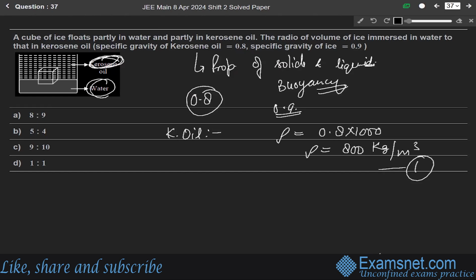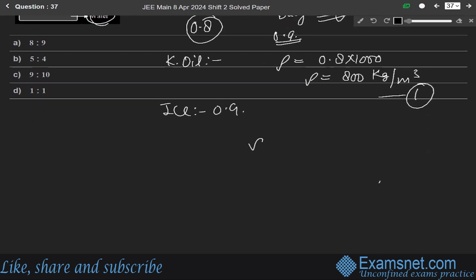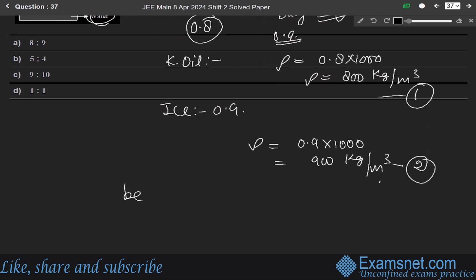For ice, the specific gravity is given as 0.9, so the density of the ice will be 0.9 into 1000, which is 900 kg per meter cube. Let us say this is second. Okay, so let the volume of the ice in the water be x meter cube, and the volume of the ice in the kerosene be y meter cube. This is of water and this is of kerosene oil.